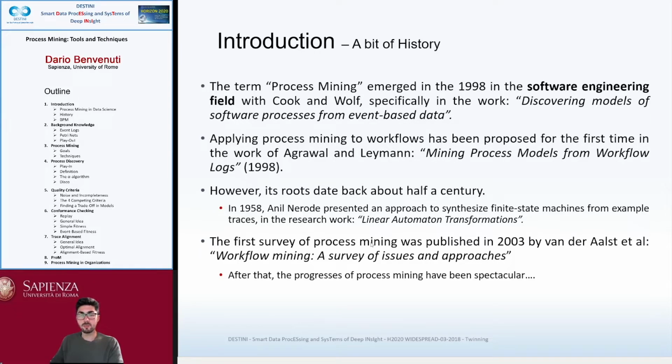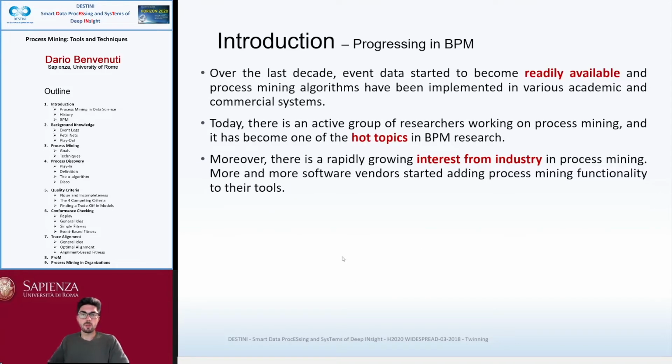And after that, progress in process mining has been great, and that's mainly because of two reasons. The first one being that the industry is changing. For example, with Industry 4.0, data is readily available and in large quantity, so there is a lot of material to analyze.